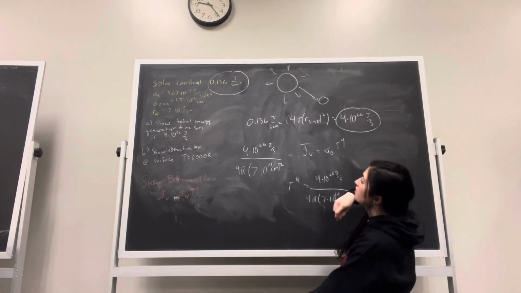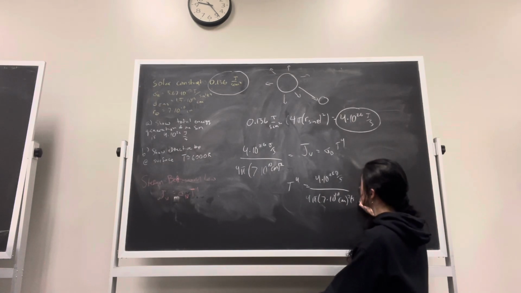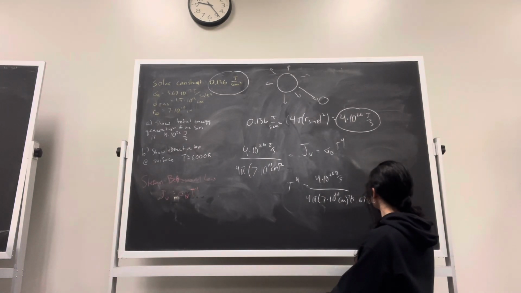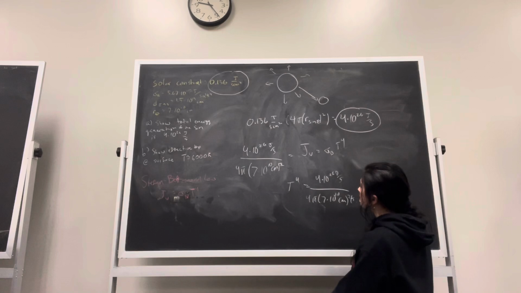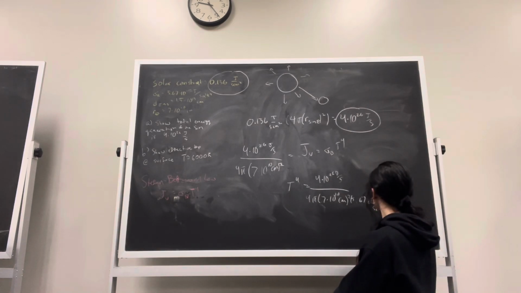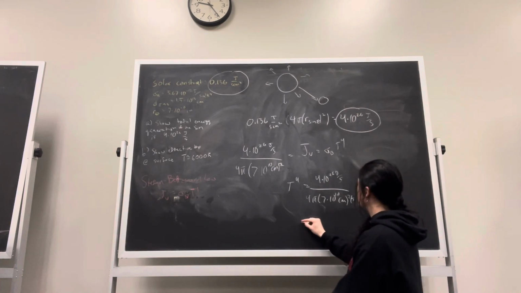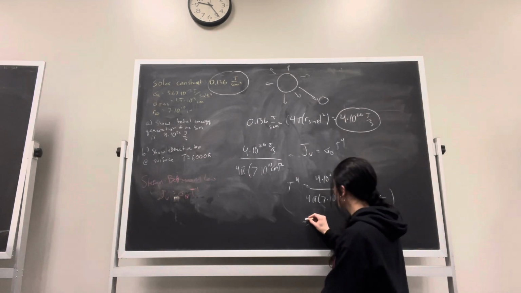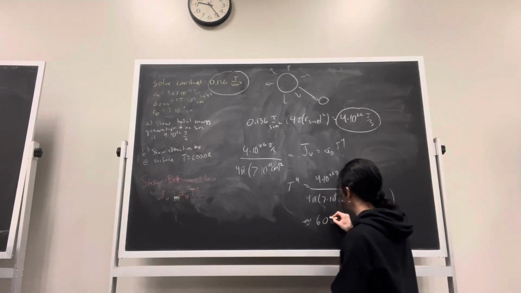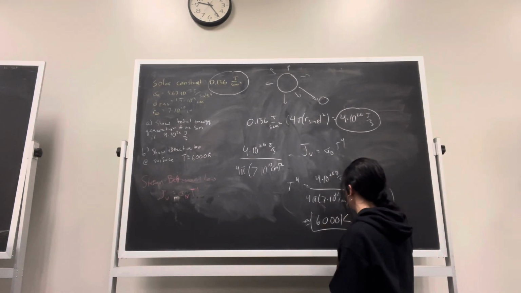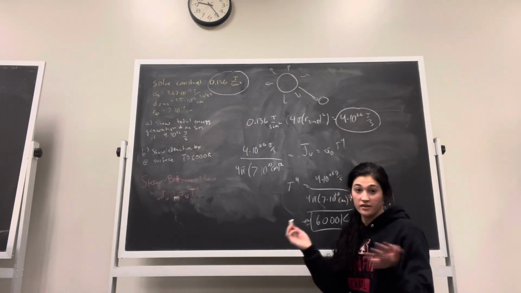Boltzmann's constant is up there, 5.67 times 10 to the negative 12 joules per second centimeters squared Kelvin to the 4th. And if we multiply this out, we'll get around 6,000 Kelvin. And we can find the surface temperature of our sun.